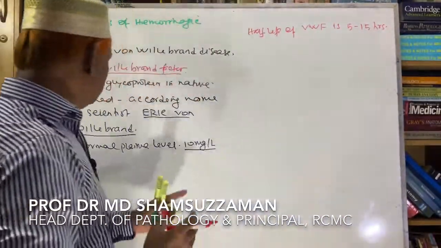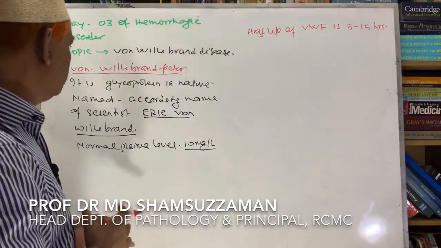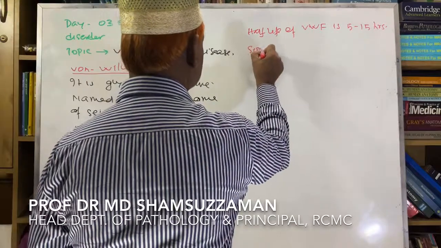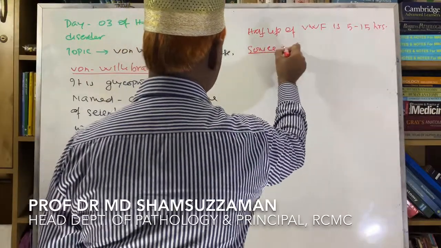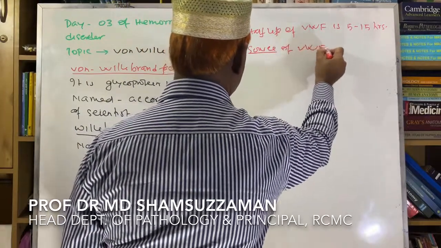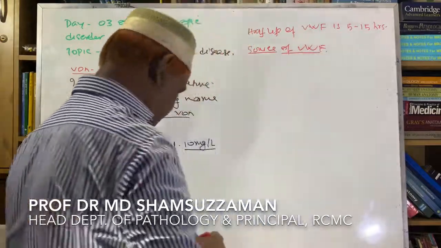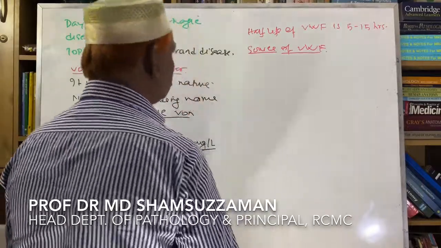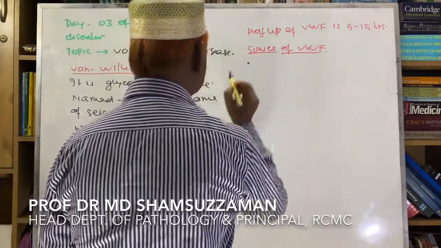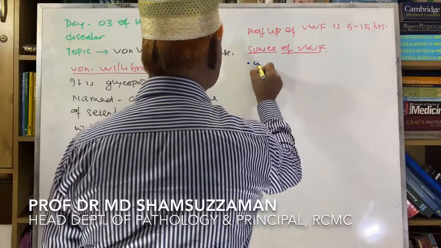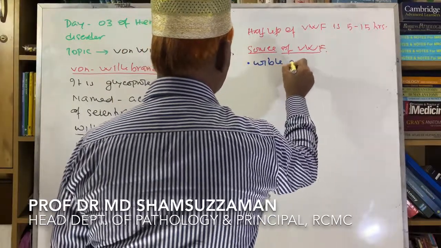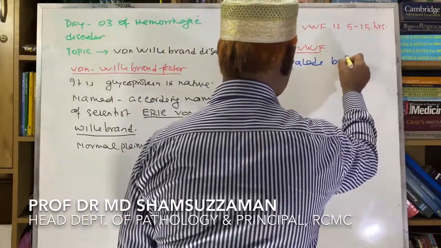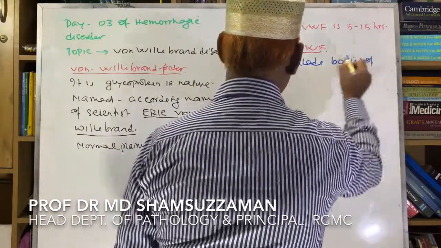Now come to the source of this glycoprotein, from where it is synthesized. The sources are Willebrand bodies of endothelium.